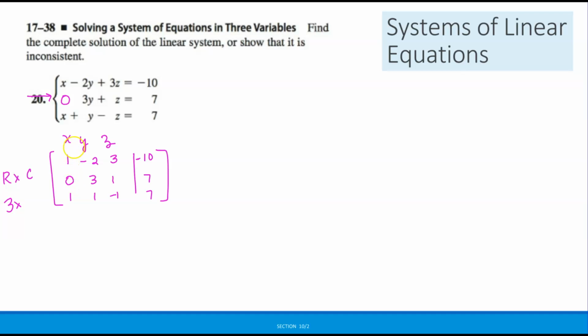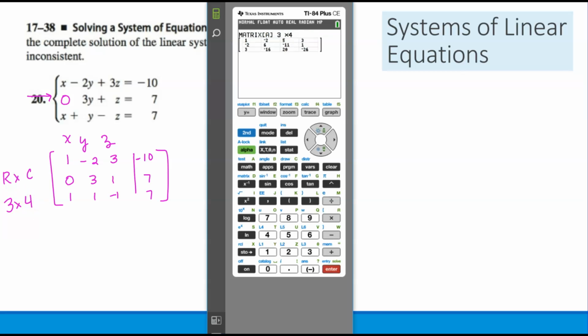Columns, column for x, column for y, column for z, column for the other side of the equal sign. That would be 4 columns, so that would be the size or dimension of our matrix. So let's put that in. 3, enter, 4, enter, and now we want to put in our matrix values.